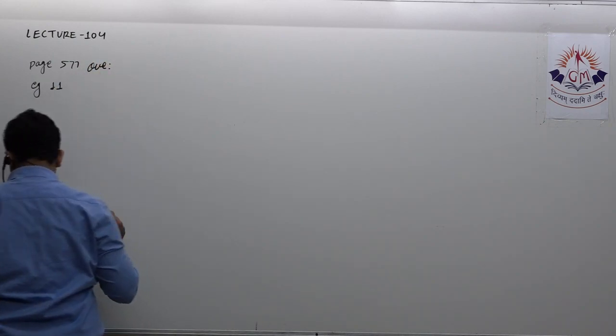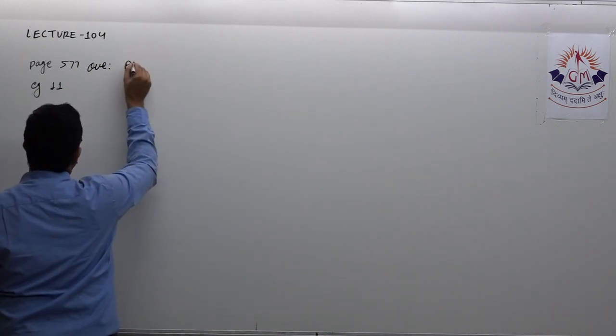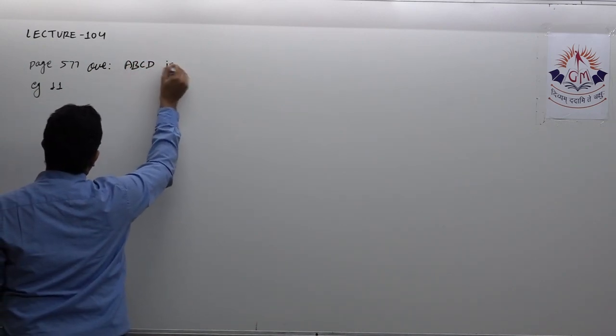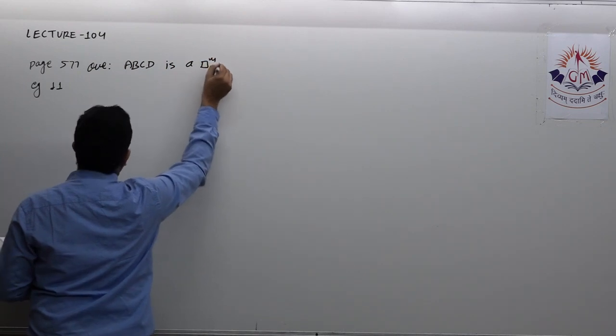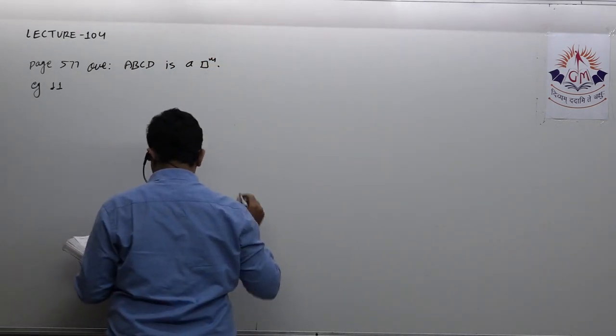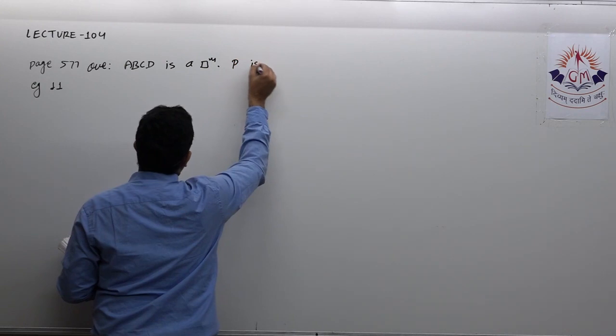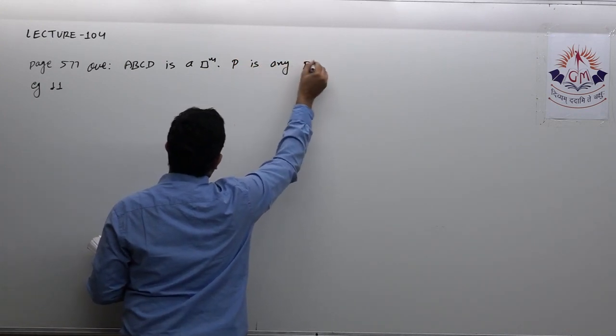Okay, question is ABCD is a parallelogram. P is any point on CD.